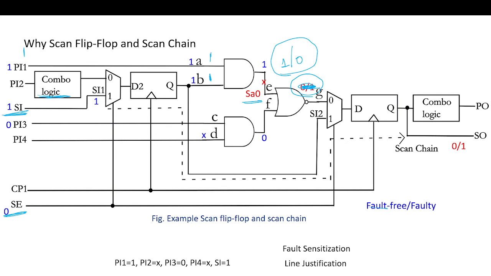Now I want this value to be seen either at primary output, and this scan output we also call pseudo primary output. So either at pseudo primary output or the primary output, we want to observe this 1 versus 0, which is the fault free versus the faulty value. Now we can shift out this value, which will be captured by this flip flop by selecting the G, and this one is called fault propagation.